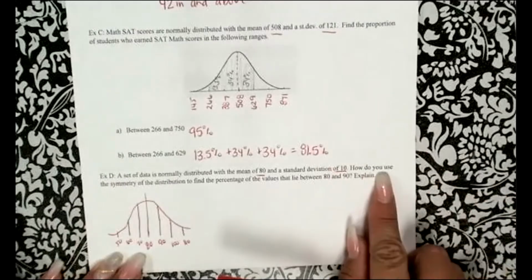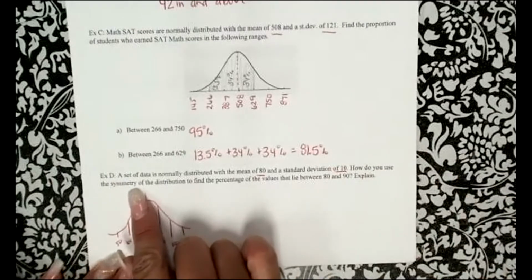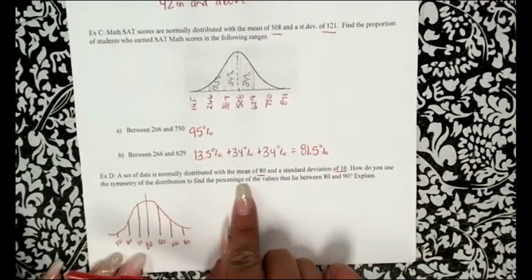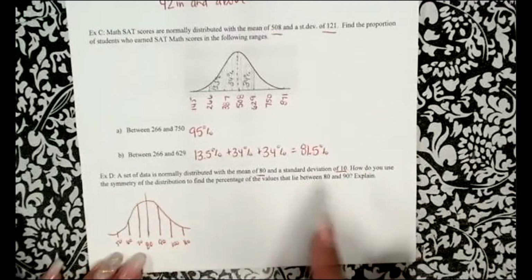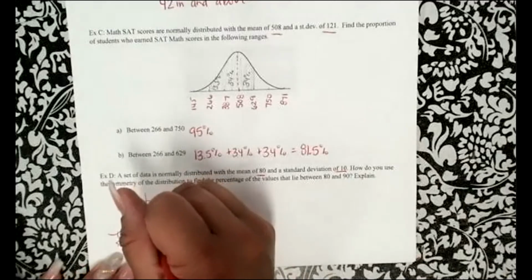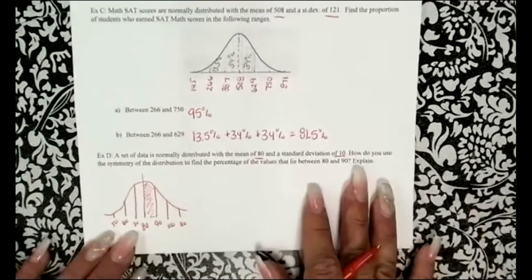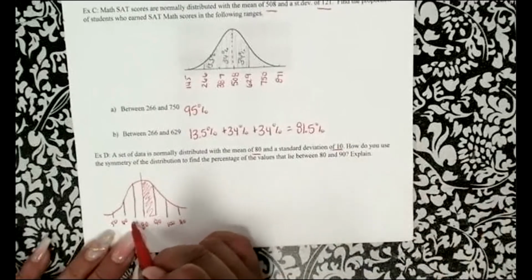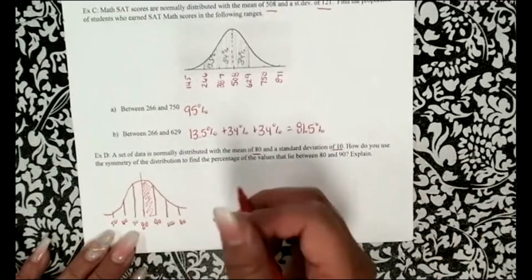And then it says, how do you use the symmetry of the distribution to find the percentage of values that lie between 80 and 90? So we want to know what this is. Remember that 1 standard deviation is 68%.